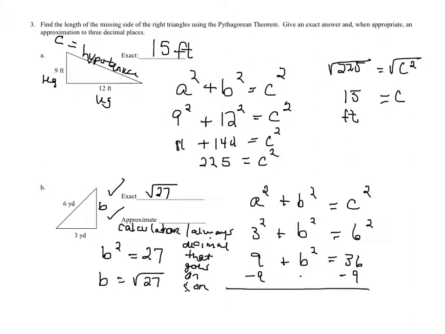So we're going to do the square root of 27, and when appropriate, approximate to 3 decimal places. So 5.196. It has a 1 yada yada yada, and so the 6 stays the same, and we have the approximate answer. And of course we want to label it with units, yards.